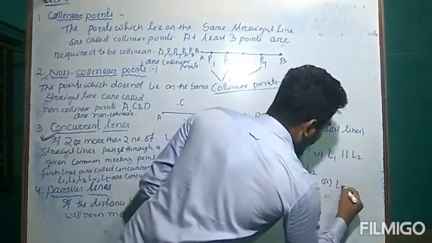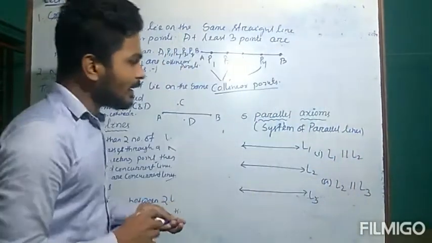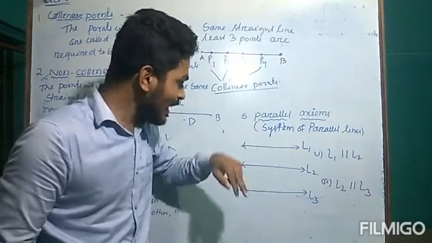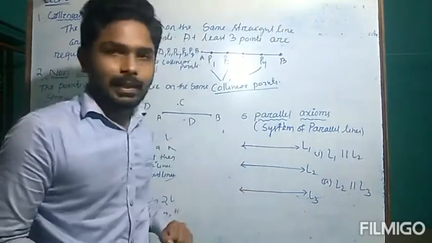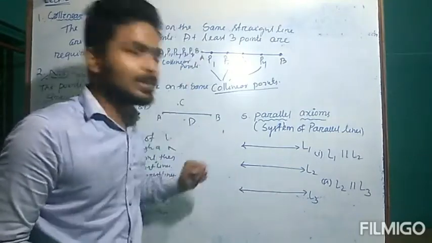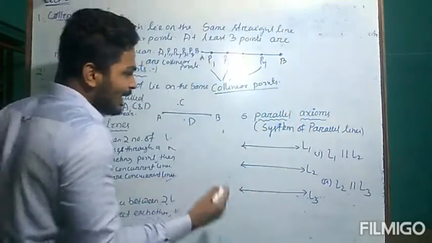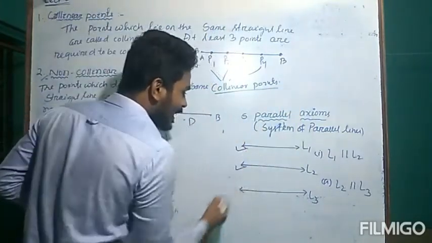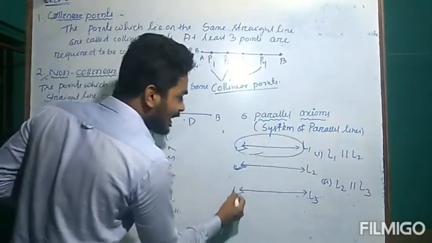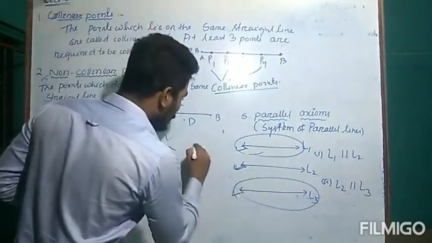So the first condition is this line is parallel to this line, and the second is this line is parallel to this line. Then what conclusion will we get? If this is parallel to this line and this line is parallel to this line, then you can write this line is parallel to the line L3.